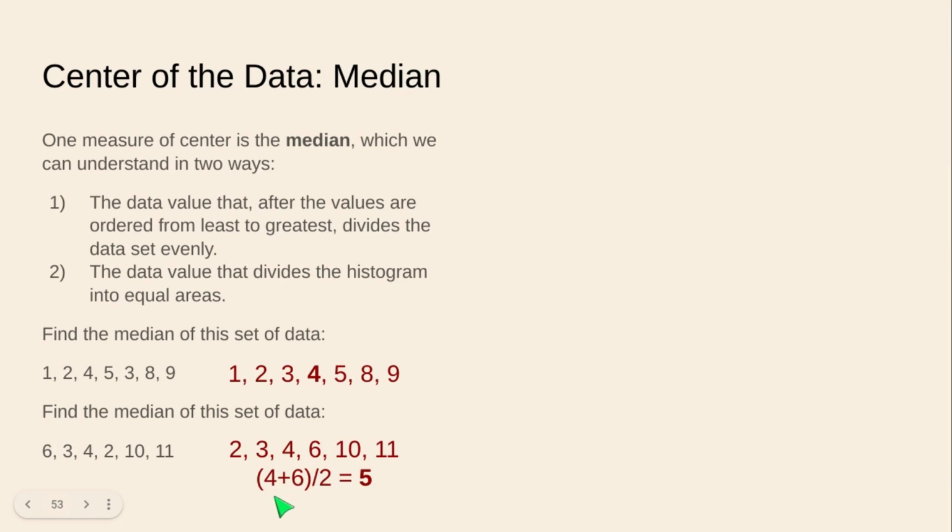So I find the mean of 4 and 6. So 4 plus 6 divided by 2, and that's going to be 5. So even though 5 is not a value in my data set, unlike up top, 4 is a value in my data set, that's my median. Even though 5 is not a value in my data set, it is still the median. All right, quick example, not going to insult your intelligence. We'll move on right now.